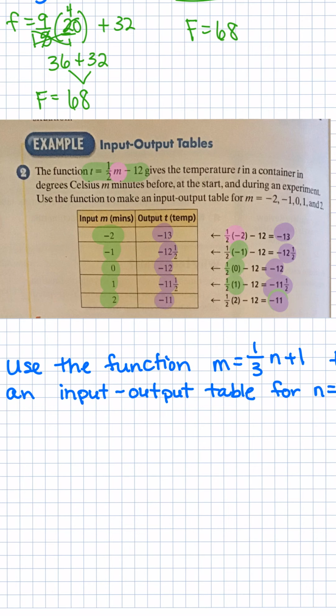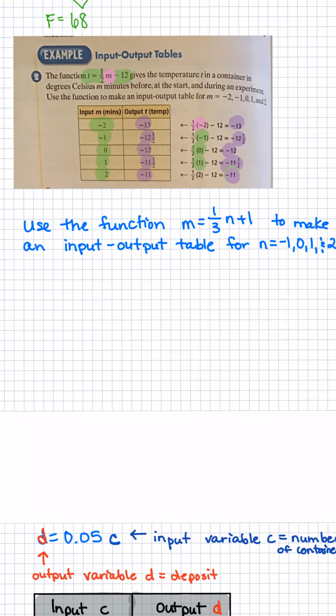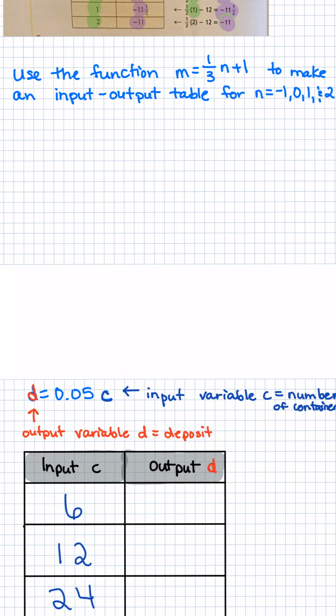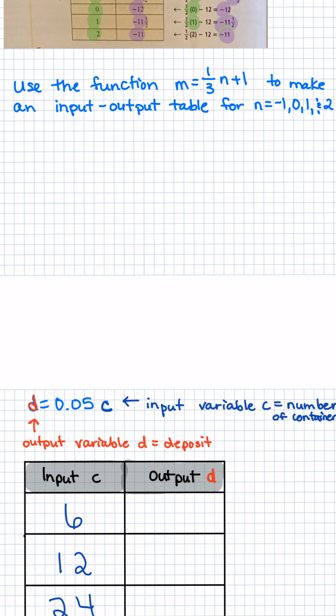Okay, so now we're going to use the function m equals 1/3 n plus 1 to make an input-output table. So what we want to do is create a chart. I should have already put this in here for you. Sorry about that.